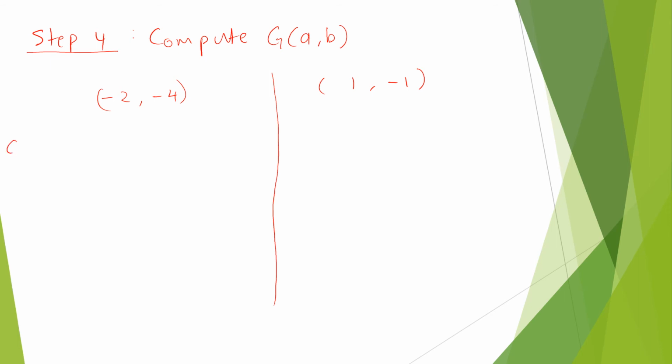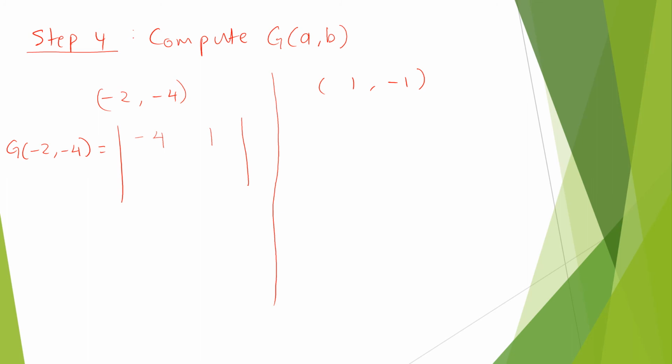So our G at -2, -4, we take all the values. fxx at the point -2, -4 is -4, fxy at the point -2, -4 is 1.